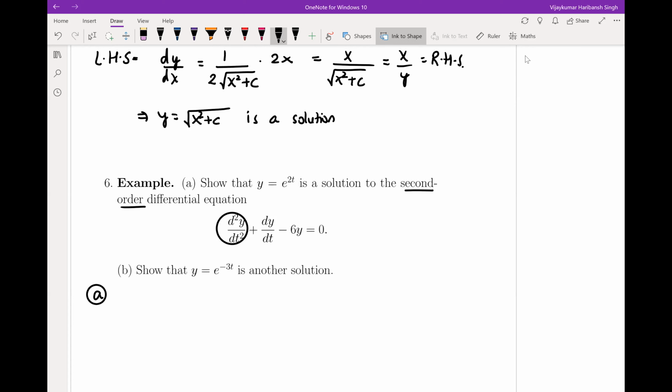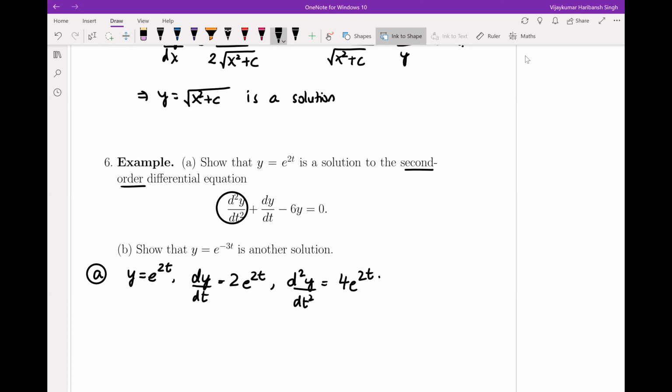If y equals e to the power 2t, we have dy by dt equals 2e to the power 2t and d square y by dt square equals 4e to the power 2t.